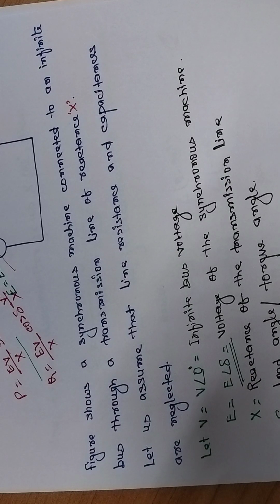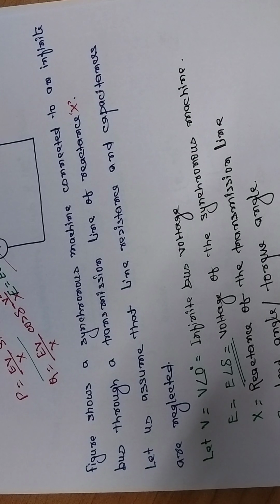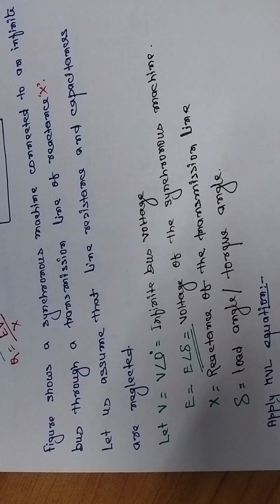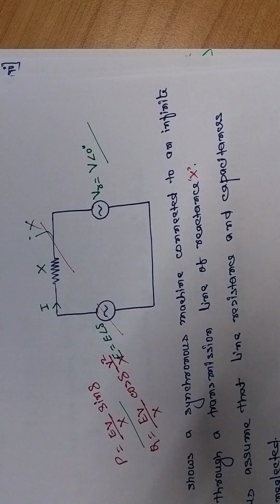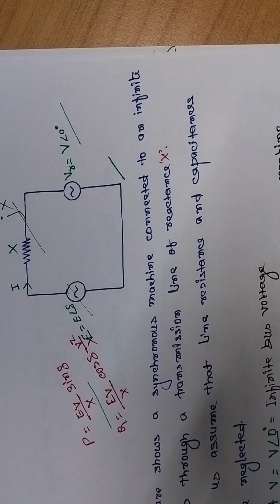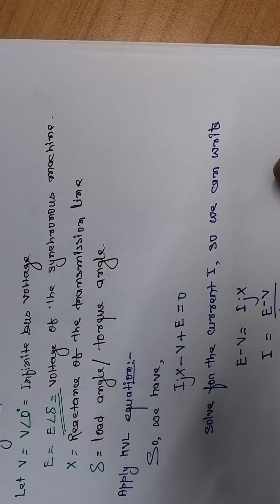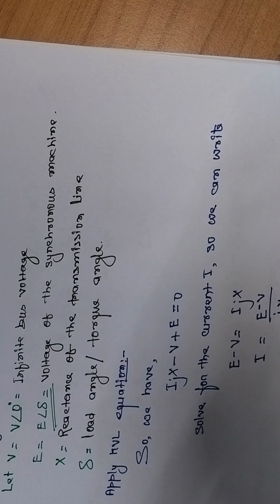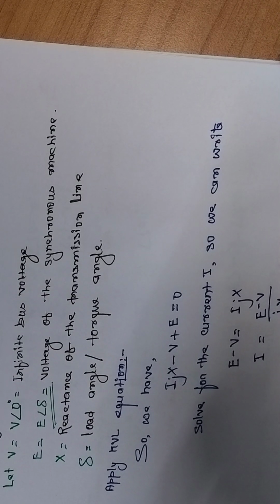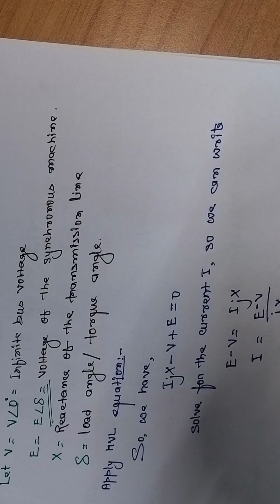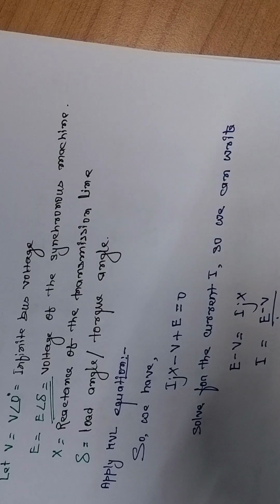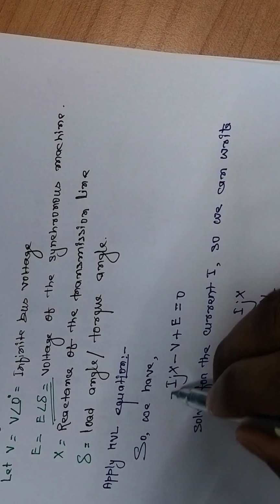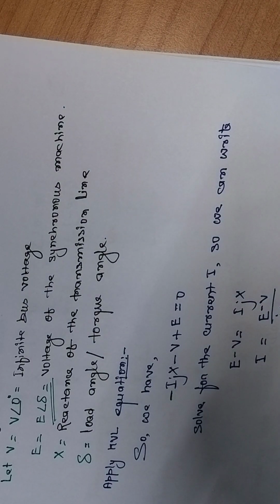We will work per phase and take V as the reference phasor at 0 degrees. Now we have to apply the KVL equation. From the above diagram, we can write minus I jX minus V plus E equals 0.